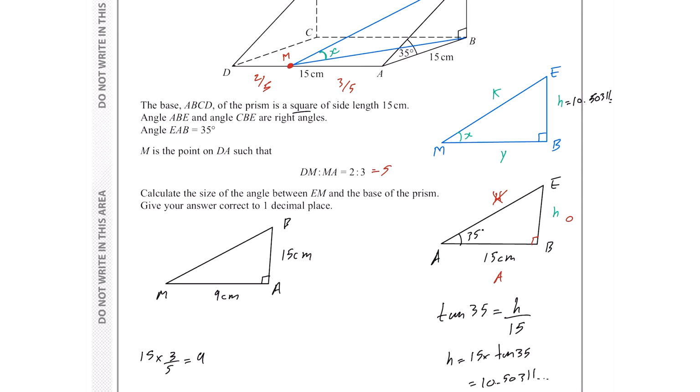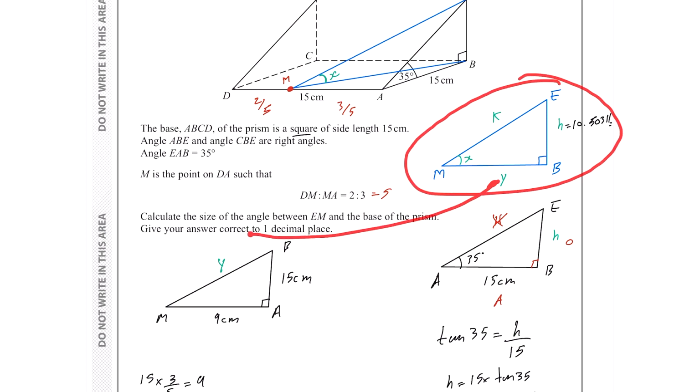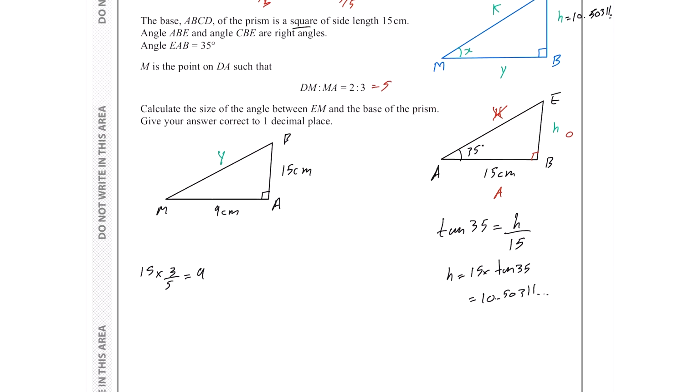And what I'm trying to find is this length, which, what have I called that? Y. So notice I've labeled all these, which then all link back to this main shape that we're working with. So that Y there at the bottom is the same as this Y here, because it's that length there. So I'm going to find out Y now.